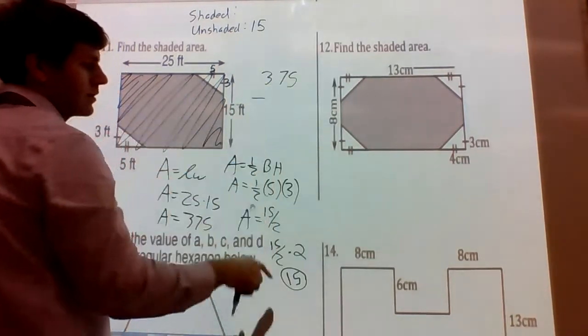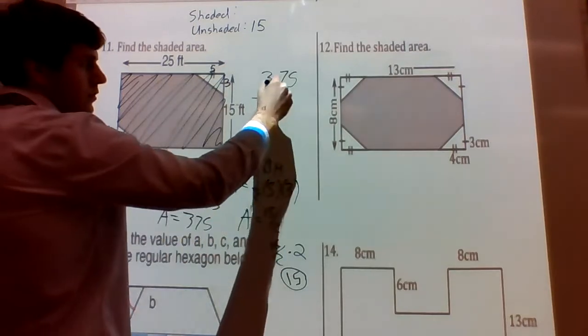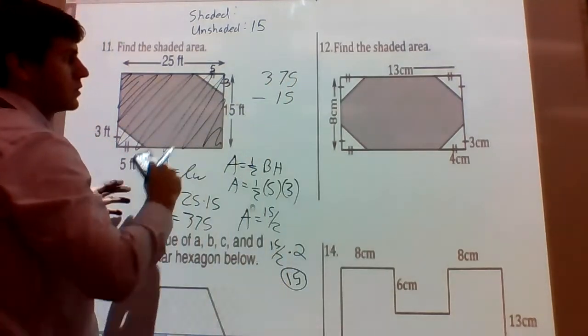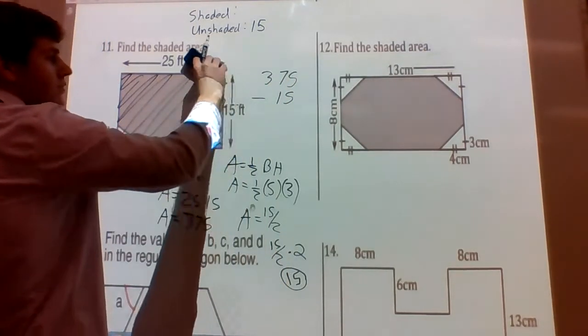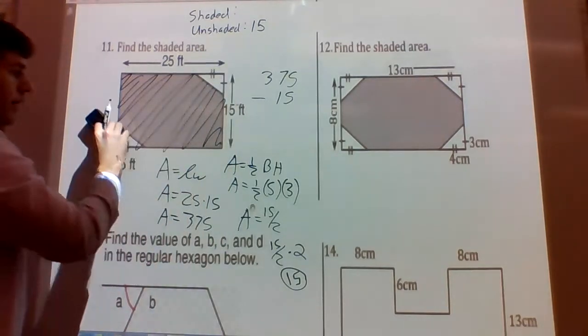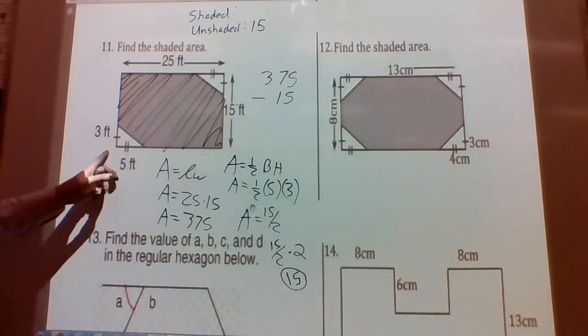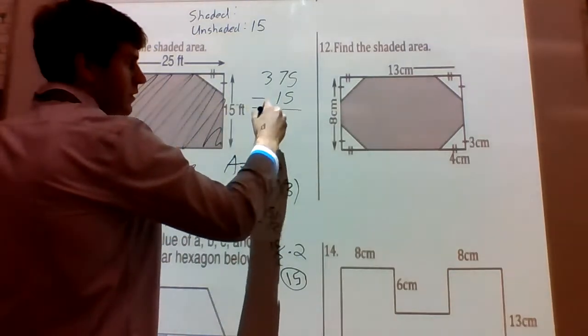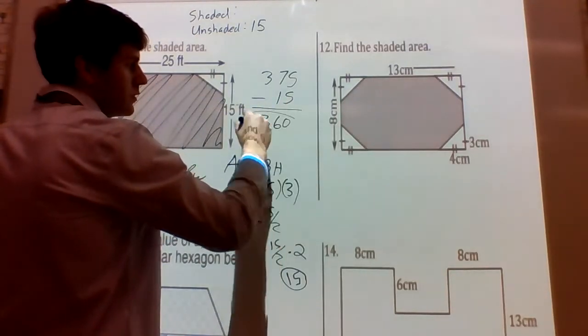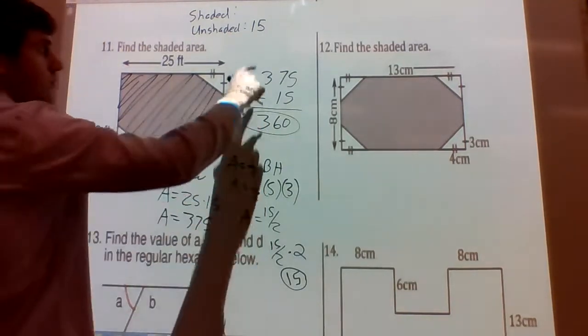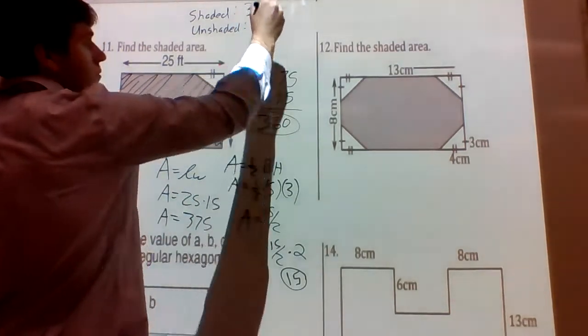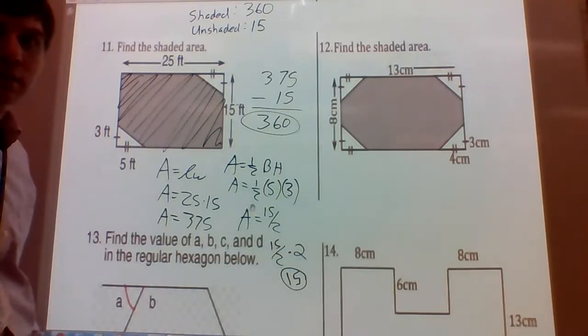If we subtract the unshaded area, so we subtract 15, so here's minus 15 over 2, minus 7.5, minus 7.5, we end up with 360. So the shaded region is going to be 360.